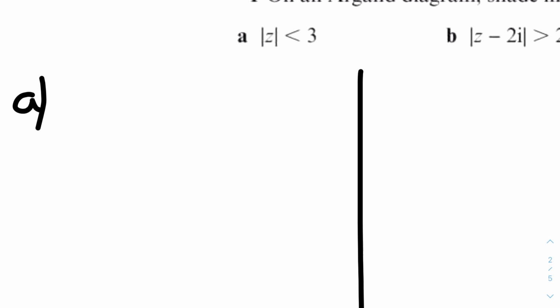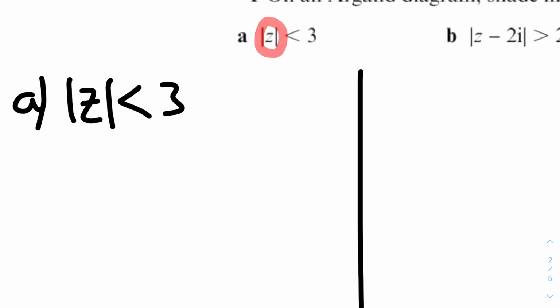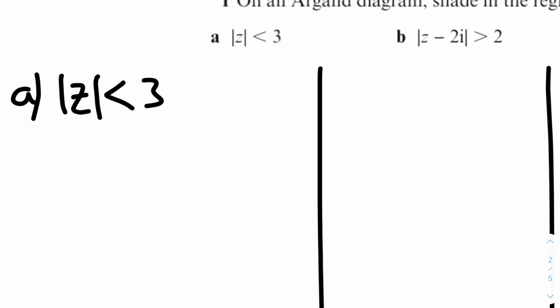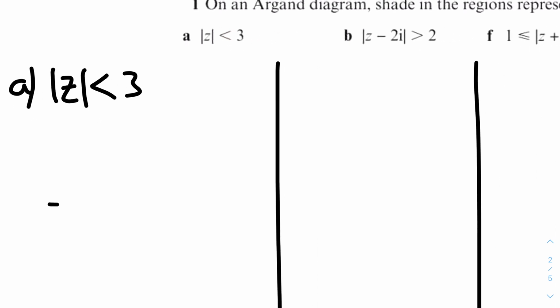So we know that by the form of this inequality, it shows that it's a circle, right? Because it's basically the set of points z which are less than 3 units away from that point. So we know that the circle is centered at 0, 0, the origin, because there's no other values in the bracket, it's just a z.